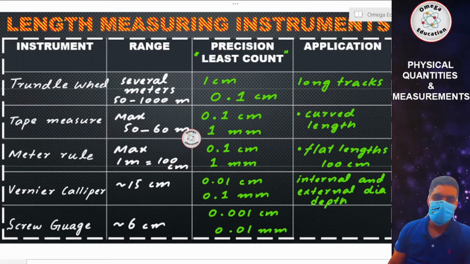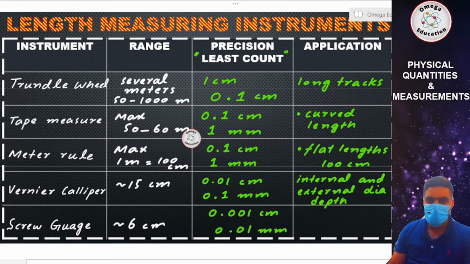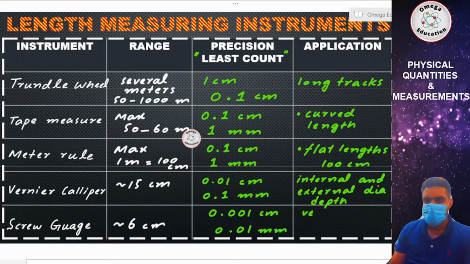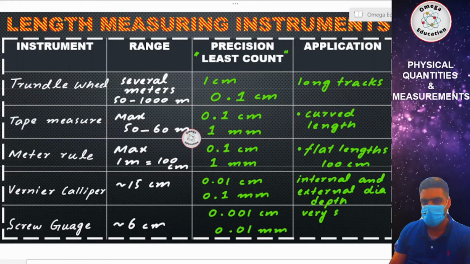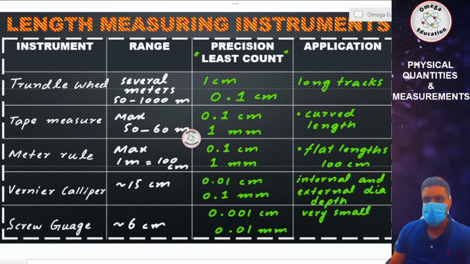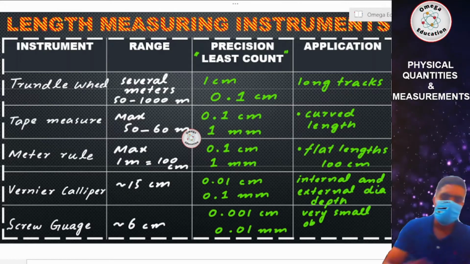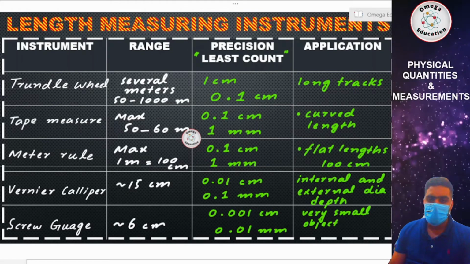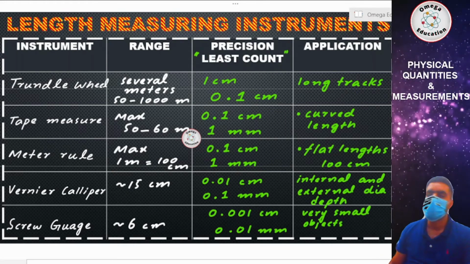Then we have the screw gauge. It is generally used to measure very small objects. What kind of objects? For example, thickness of a wire, thickness of like 4 to 5 sheets of paper.